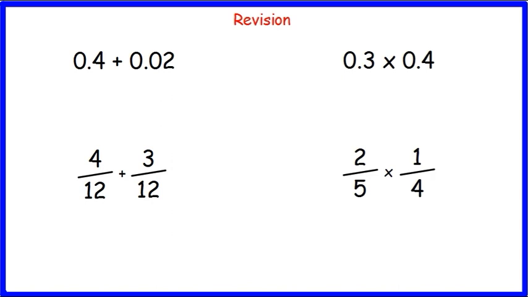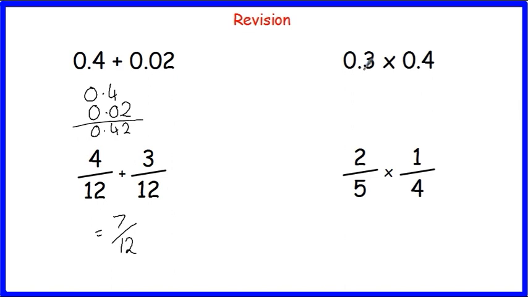So to do my addition, first of all, these are quite straightforward. If I was to add these, you would place them on top of one another with my tenths in a row and my hundredths in a row. They've already got the same common denominator, so that's quite straightforward. This is going to be 7 over 12.